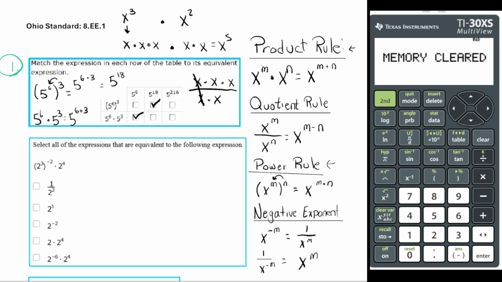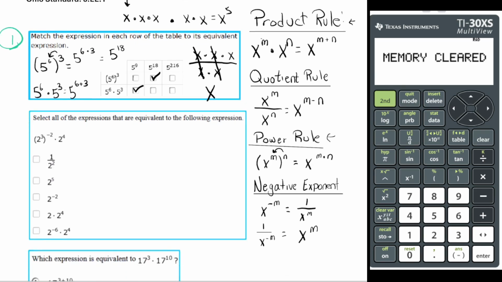So this x will cancel out, this x will cancel out, and that'll leave us with only x to the 1 by itself. And remember, if you're using any exponent rules, if you don't see an exponent next to a variable or next to a number, you always assume that exponent to be 1.